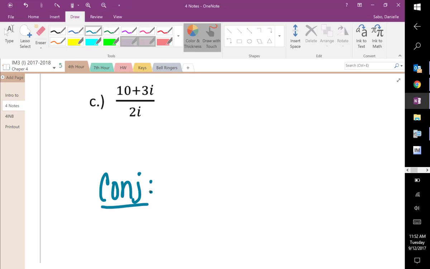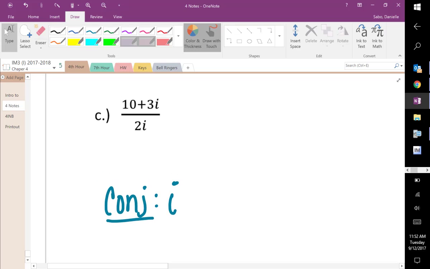You can multiply by 2i over 2i, or you can just multiply by i and make your life easier. Up to you. As long as there is another i. I'm just going to put i because it's easier. But if you want to make it consistent, if you want to make it 2i, go ahead. But remember, when there's only one i on the bottom, all I have to do is multiply the top and bottom by i to get rid of it.